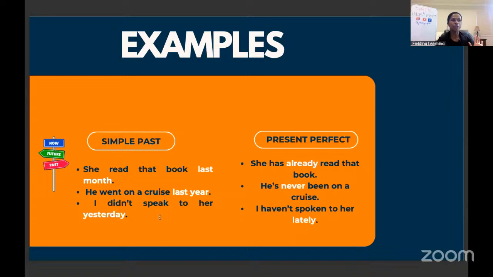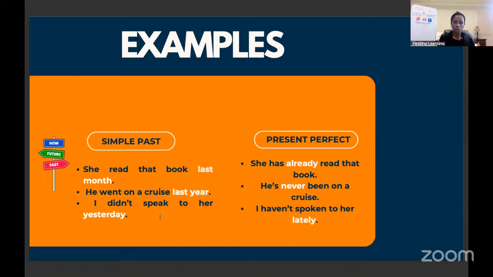Now, when you are speaking in English, of course you're not going to remember, oh, I need to use the present perfect now or the simple past, because you are probably not going to have the time to think about it. You're just going to start using the sentences.